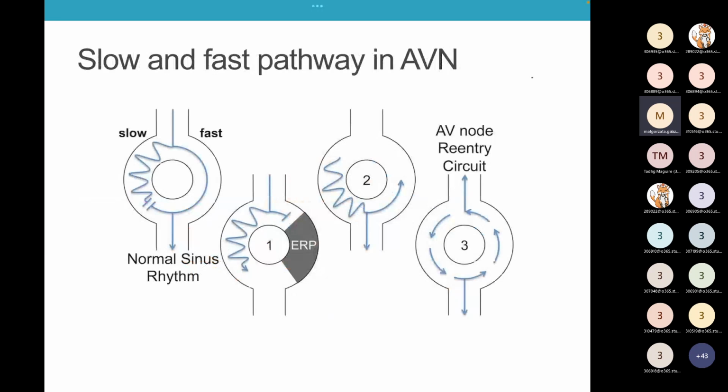During normal physiological conditions, during which the SA node, the sinoatrial node, is responsible for the action potential generation and the heart rate is equal to the frequency of action potentials generated by the SA node, the action potential is conducted by the fast pathway in the AV node.